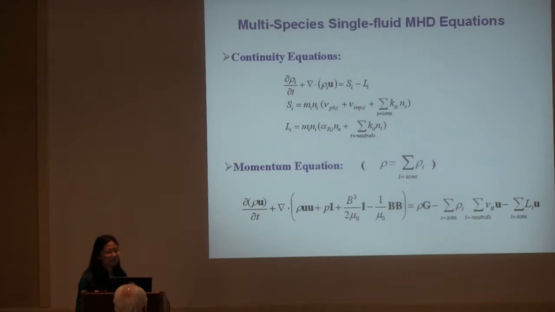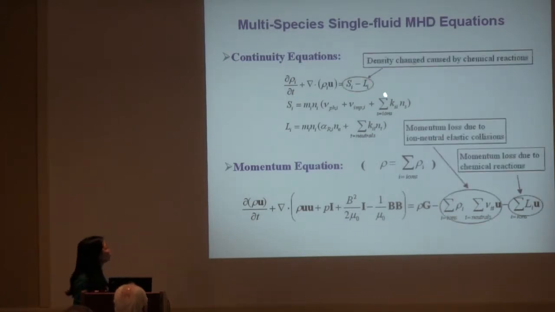Even though the model has been improved, the equations solved in the model are similar. We have a continuity equation which, compared with the normal MHD model, also has a source term that calculates the density change caused by chemical reactions. So if you neglect the velocity in the lower ionosphere, it's basically a chemistry model.